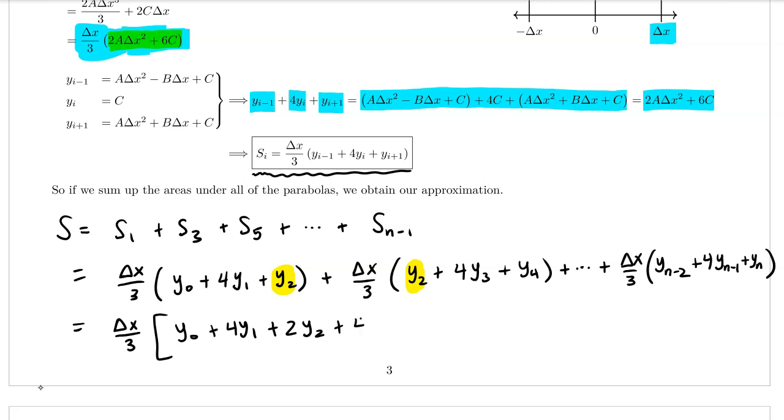And then we have a 4 y sub 3, and then the y sub 4, there's going to be another y sub 4 there. So are you able to see the pattern? And then notice that there's a 4 y sub n minus 1, and then plus y sub n. So this is essentially the formula for Simpson's rule.